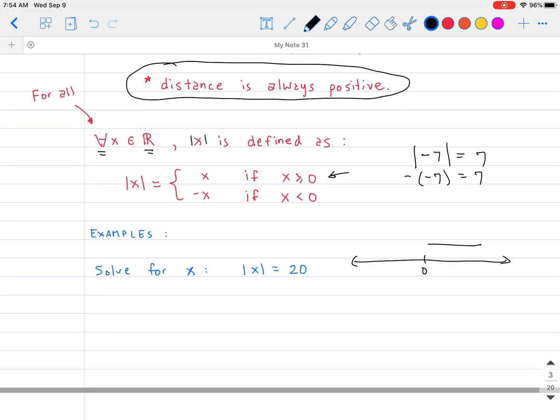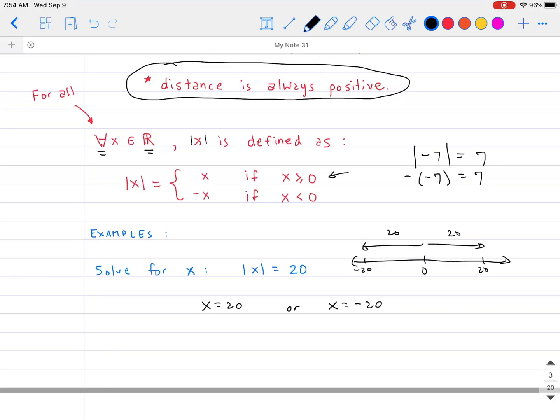You can see it visually over here. Here's 0. I can either go 20 to the right, which gives me 20 on the number line, or I can go 20 to the left and get -20. So there are two answers for this. In essence, there are two values of x that would satisfy this equation.